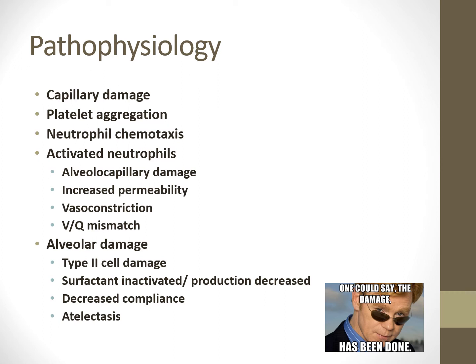The second phase is the subacute phase, where fibrosing and alveolitis occur, so the lungs become even more stiff. The leaky capillaries then lead to multi-organ failure. So it becomes a cascade of events.